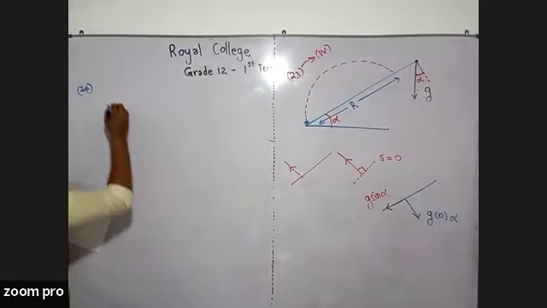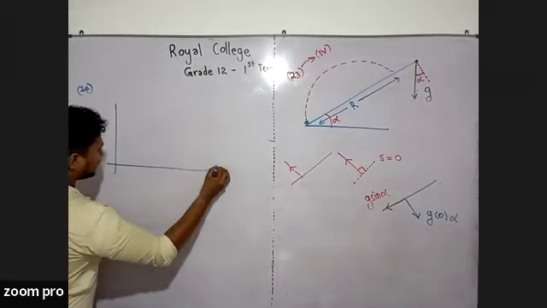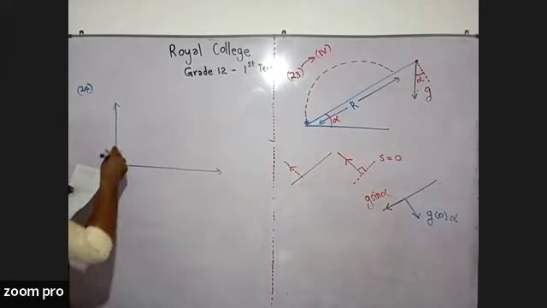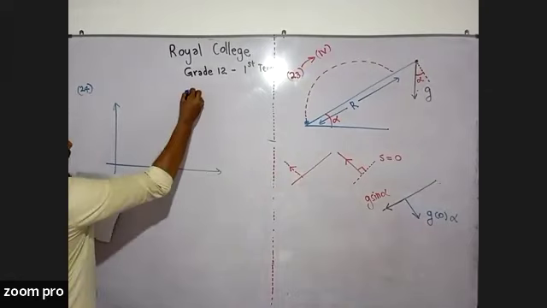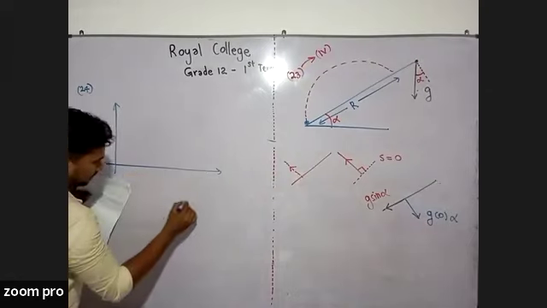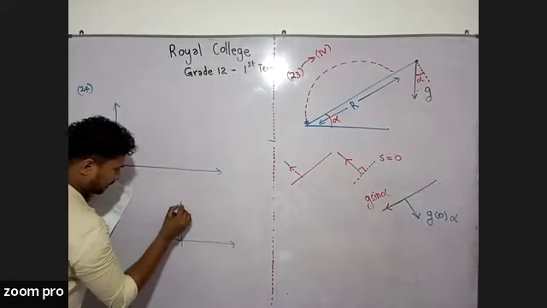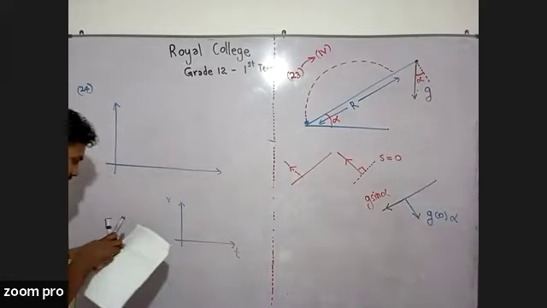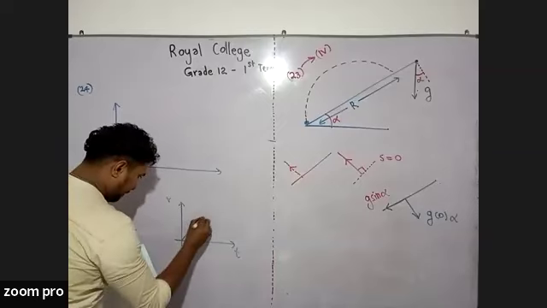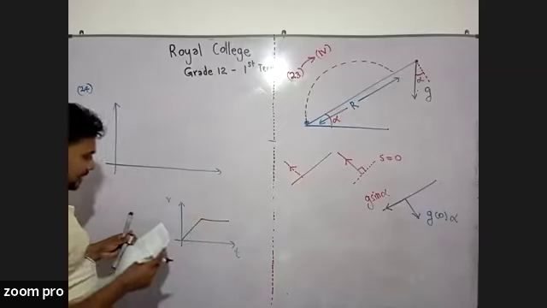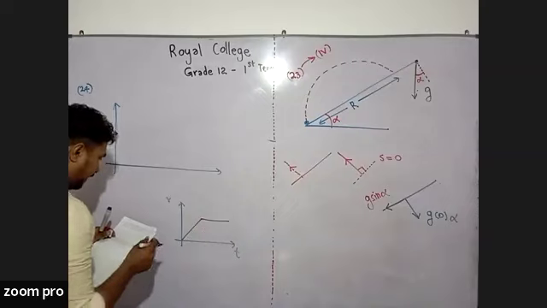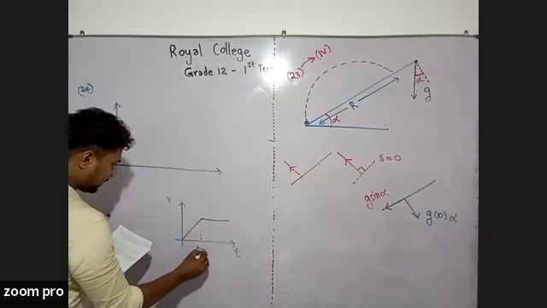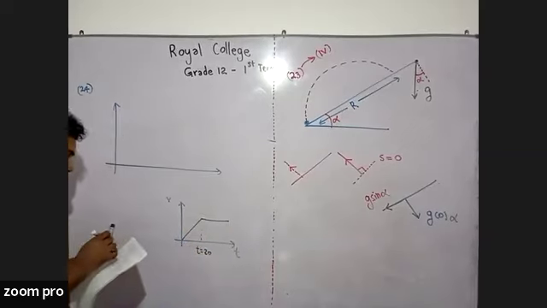So if I draw the relevant velocity time graph, it should be like this. First, initially there's an acceleration, and then after it acquires a particular value at 20 seconds, the object moves at a uniform velocity.